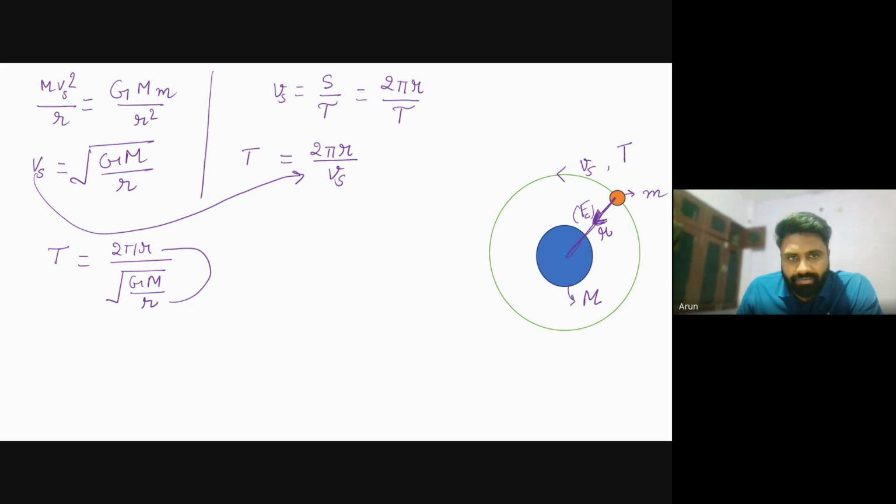So the third term will go upside. You can say from here, this T is nothing but 2 pi small r times square root of r divided by square root of G capital M. Now, take the square of both sides.